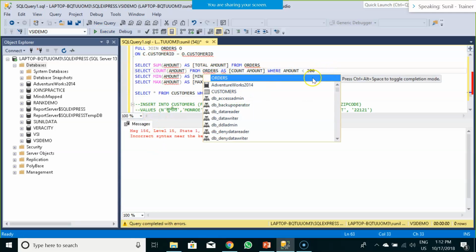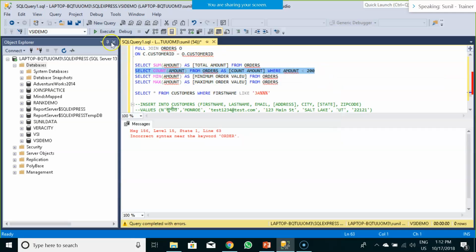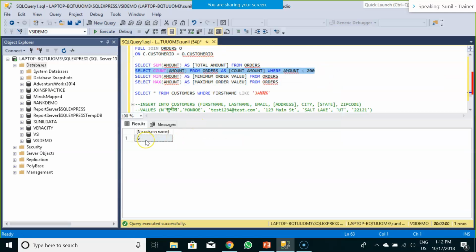My table name is orders. So any mistake, it would throw me an error. So this is the number that I was looking for.